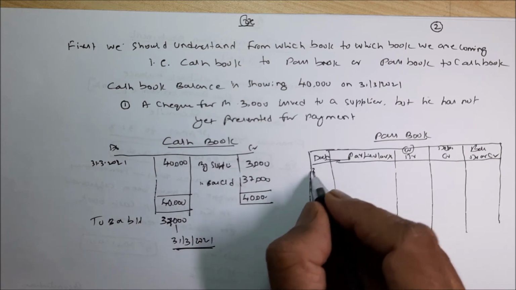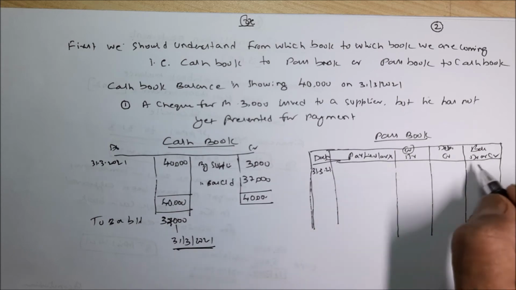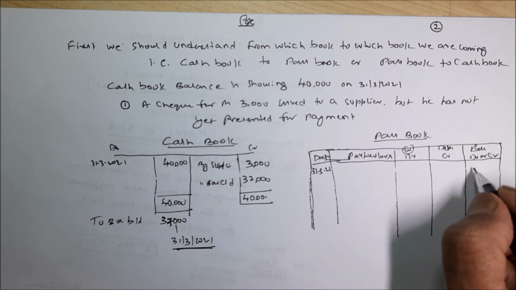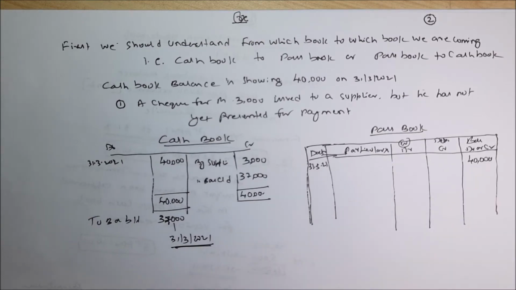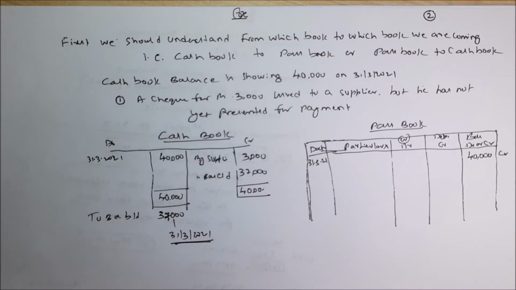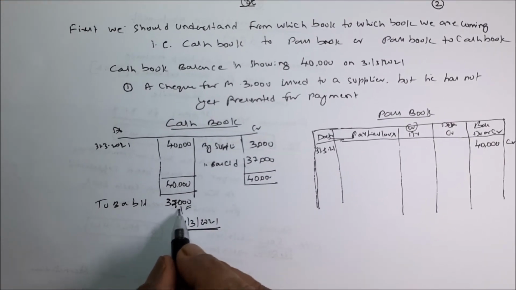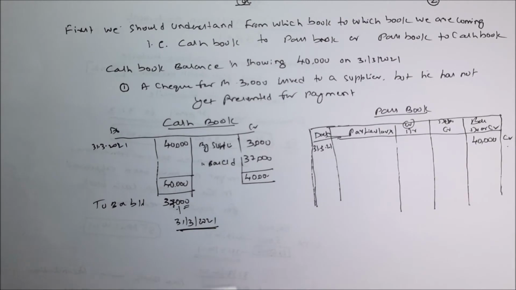But on 31/3/2021 the bank is showing 40,000 credit balance only, whereas in the cash book it is showing 37,000. Now there is a difference.